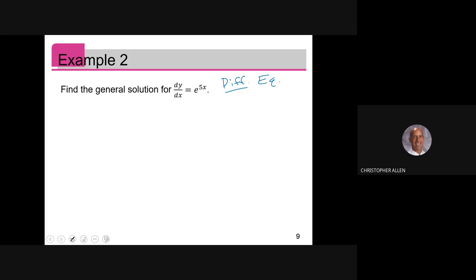Remember, this is the same thing as saying y prime equals e to the 5x, right? That's a differential equation. How do we solve a differential equation? Well, you got to get rid of the derivative. How do we get rid of derivatives? You integrate. So y is simply going to be the integral of e to the 5x dx.